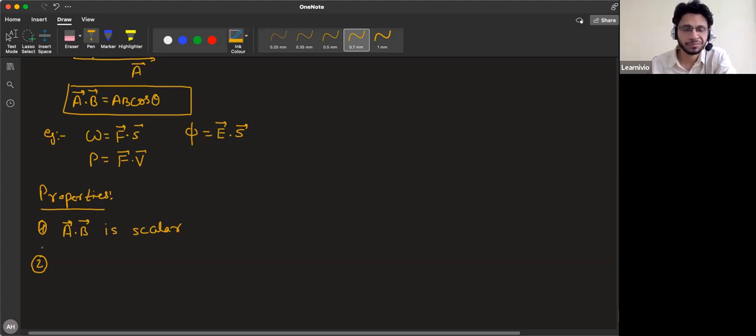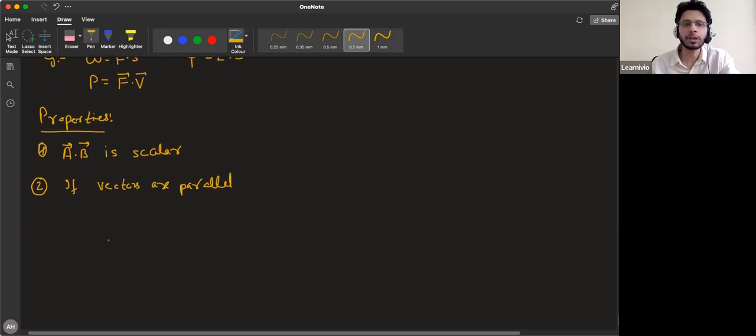Second property. If vectors are parallel, parallel means vectors are acting in the same direction. So this is vector A, this is vector B, they're acting in the same direction. If they're acting in the same direction, then the angle between them is 0 degree. So if you take dot product, A dot B is AB cos 0.